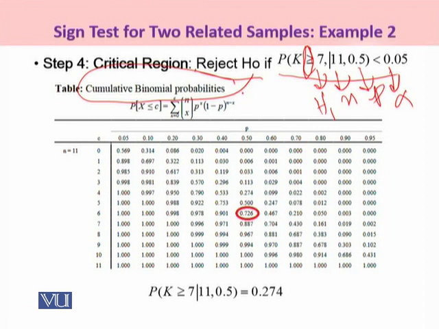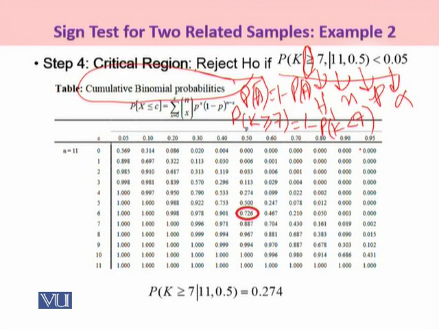Here we use the complement rule, according to which probability of A bar is 1 minus probability of A. That means probability of k greater than or equal to 7 can also be calculated as 1 minus probability of k being less than 7.